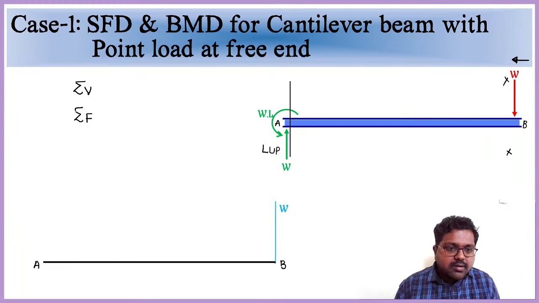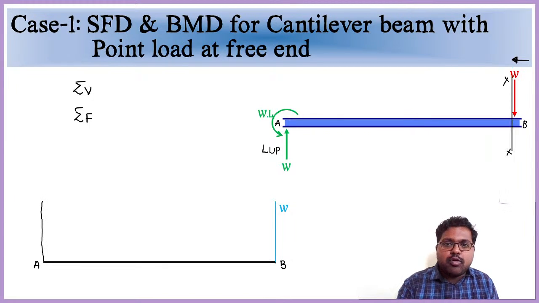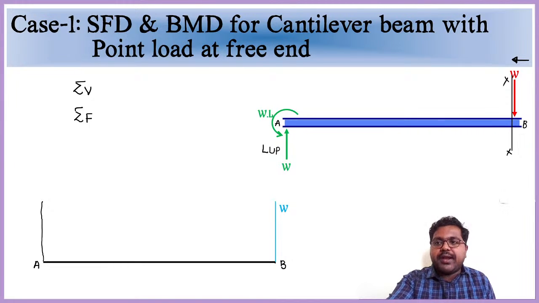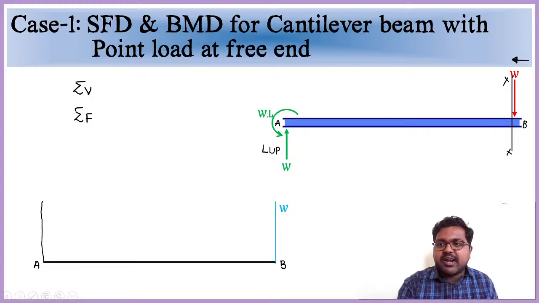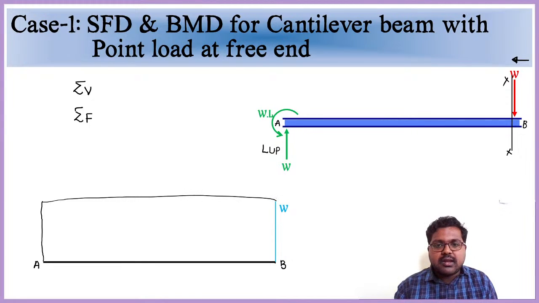So first from A, W will start. Then from here, it will go back to this point, which is B, just beside B. So up to this point, W will continue. Then it will come here and close.